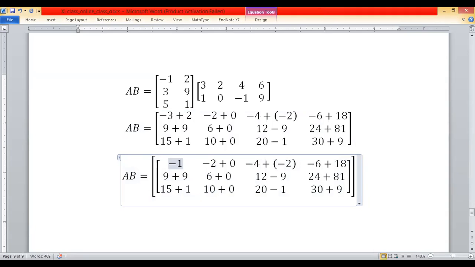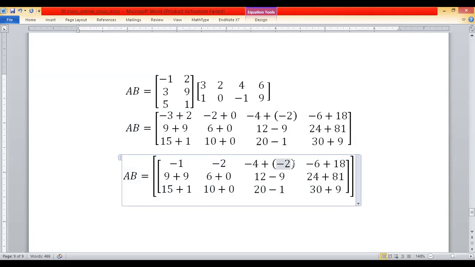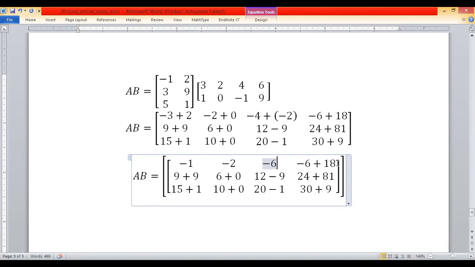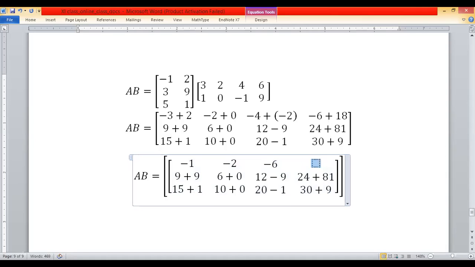Minus 2 plus 0 is minus 2. And minus 4 minus 2 is minus 6. 18 minus 6 is 12. And 9 is 18. 6. 12 minus 9 is 3.